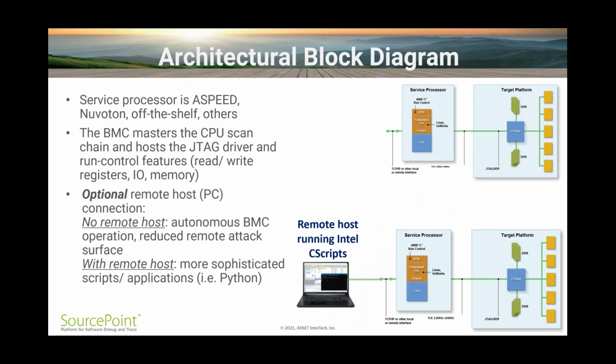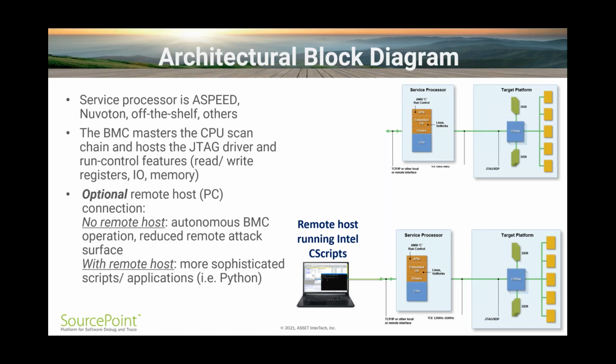A closer look at the architectural block diagram. Up at the top right, you see the typical topology: a BMC or any sort of service processor, ASPEED, Pilot, Nuvoton, any off the shelf, typically an SoC that's got an ARM CPU, maybe an FPGA fabric inside, like the Microsemi or Microchip SmartFusion2, can act as your service processor.